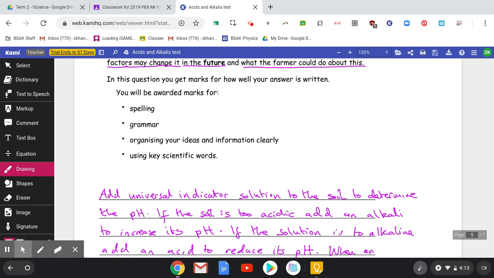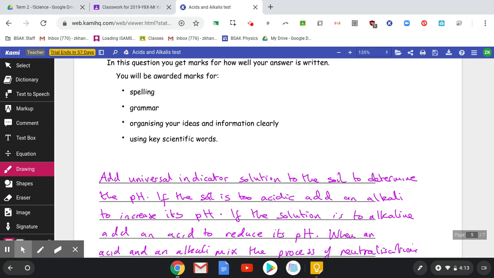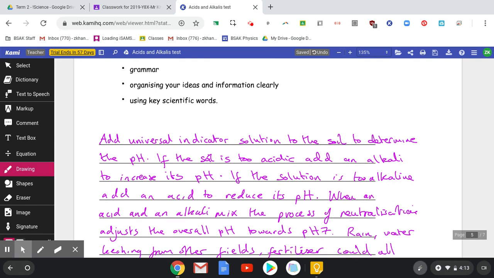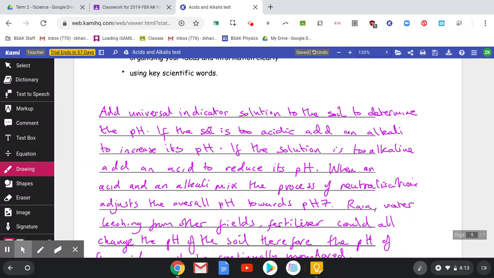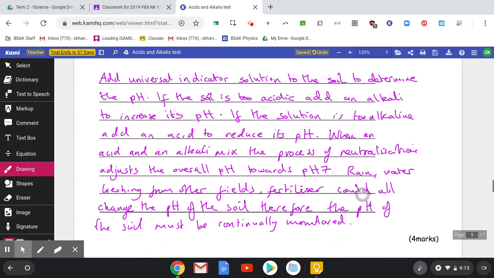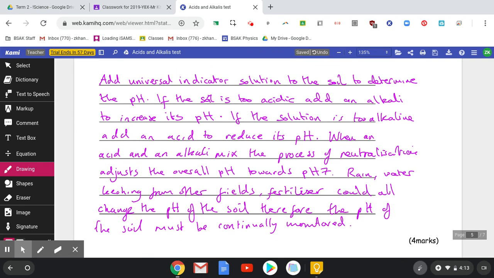If the soil is too alkaline, then we could add an acid to reduce its pH towards 7.5, and that will pick you up another 2 marks possibly here. And in the question, he also talks about discussing the idea of neutralization. So we could add a point in here. So when an acid is mixed with an alkali, this is the process of neutralization, and this adjusts the overall pH towards 7.